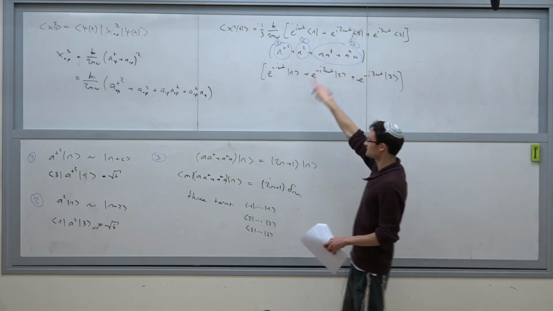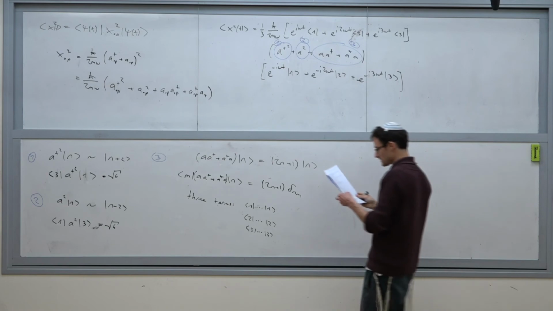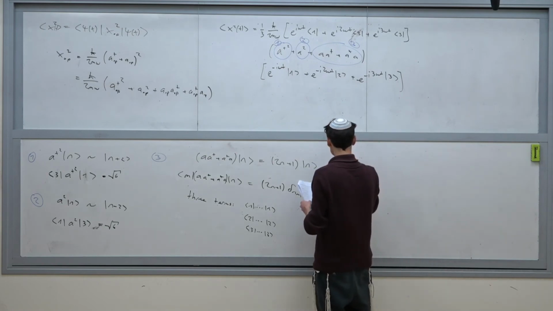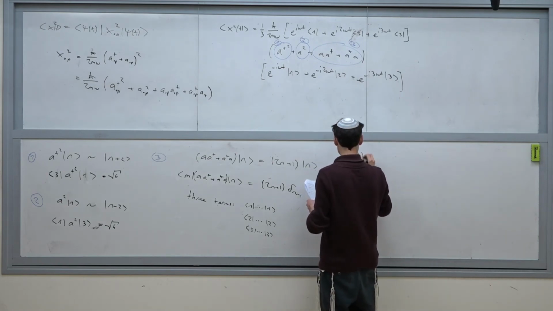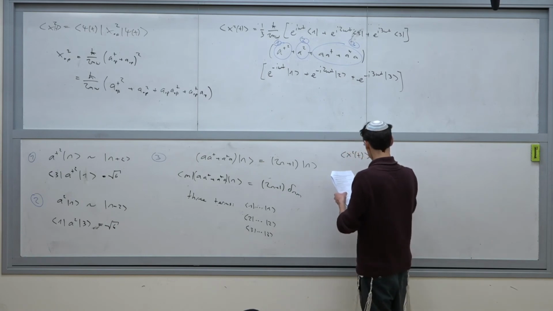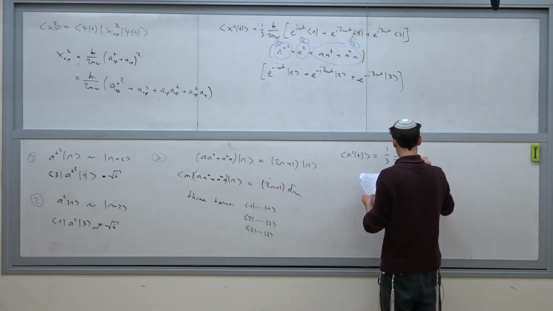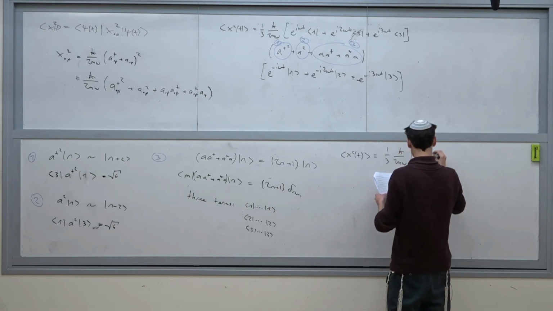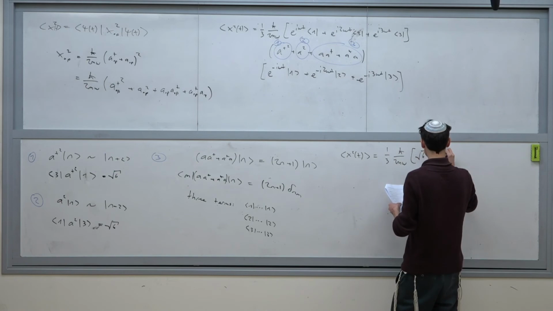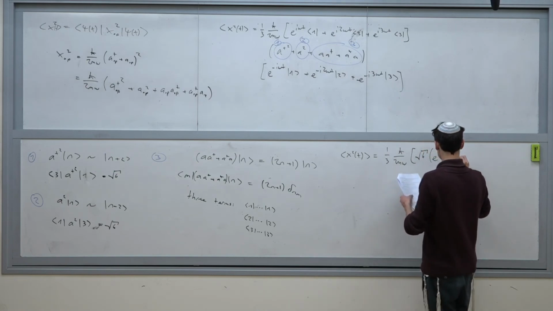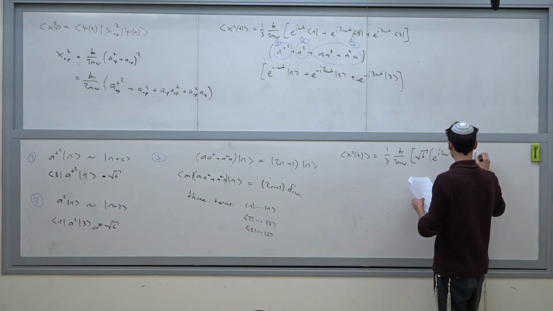Take down all the phases, put them in the right place. What you'll get is 1/3 h bar over 2m omega. This is the root 6, and then there's going to be an e to the i2 omega t plus e to the minus i2 omega t.